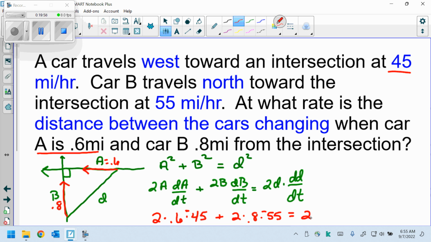Well, if this is 0.6 and this is 0.8, you can use your Pythagorean theorem, or you can recognize this as a 6-8-10 triangle. In this case, d is going to come out to be 1. If you don't believe that, plug them in, figure out d. Times what we're looking for, dd/dt.